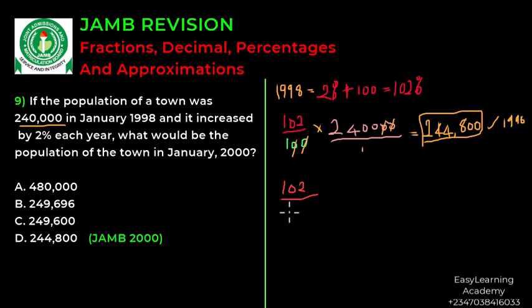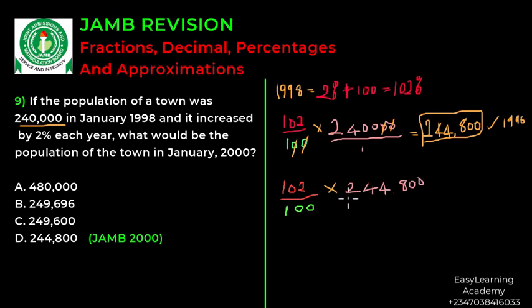Next, we introduce the population we had for 1999, which was 244,800, so we can solve for the population for 2000.